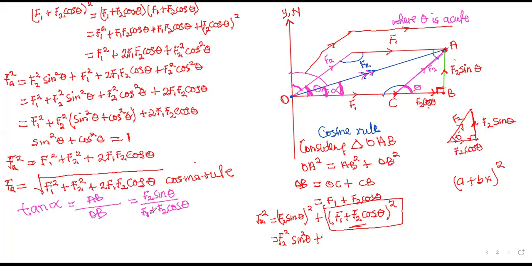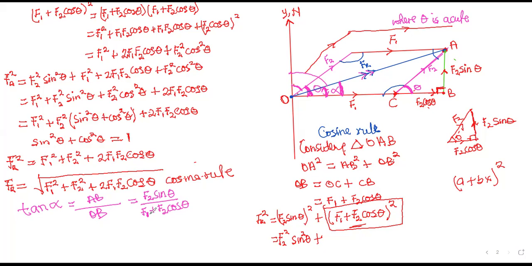Hello, Saki. Sir, please, why is it AB over OB and not AB over BC? You see, we are using the bigger triangle because this is about the resultant, the resultant OA.